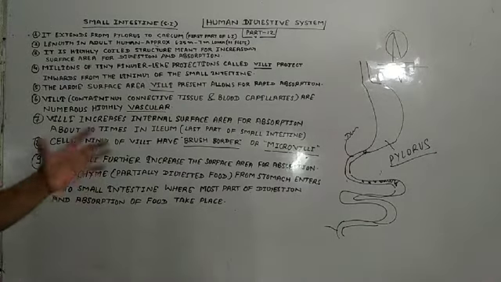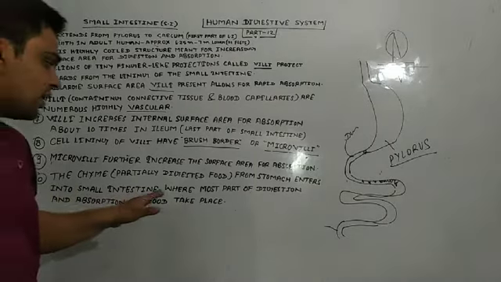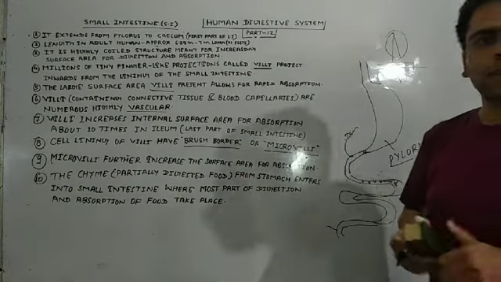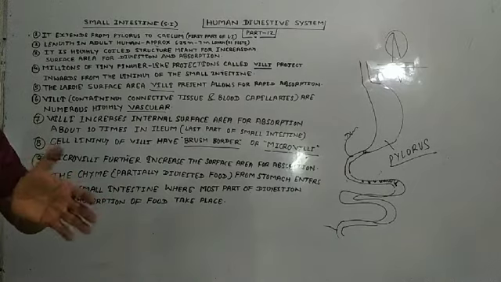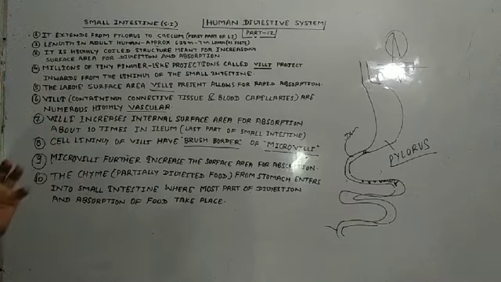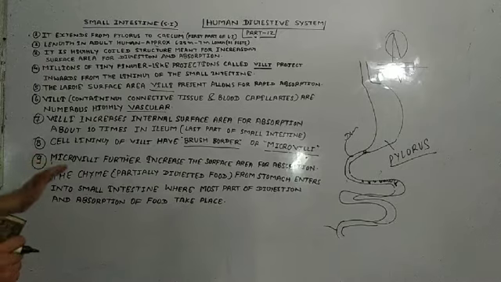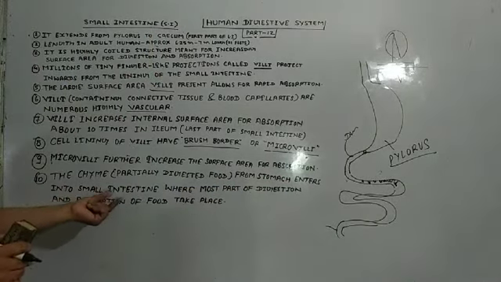Now come to the last point of today's description: the chyme, partially digested food from the stomach, enters into the small intestine, where most of the digestion and absorption of food takes place. We have already talked about this point, that partially digested food in our stomach is called chyme. Clear? And this chyme enters from the stomach into the small intestine.